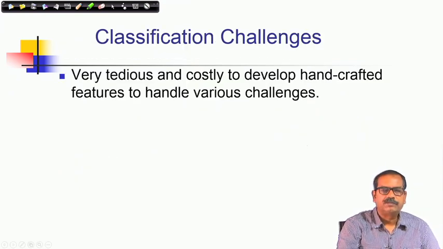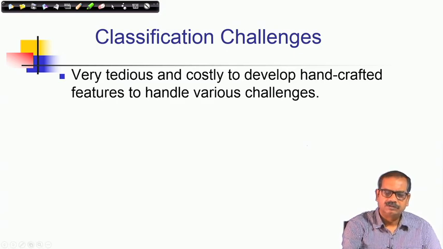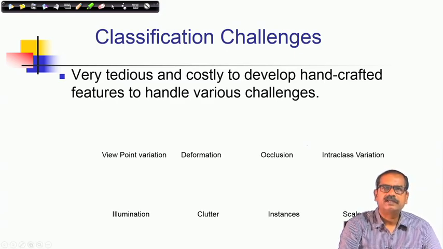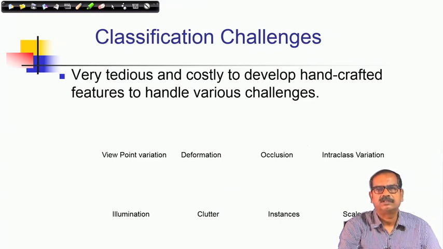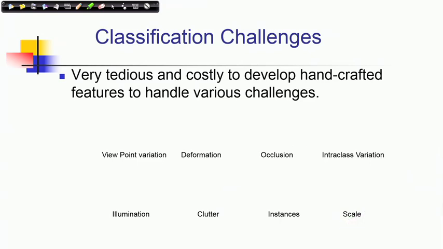Whereas, the problem here is that it is very tedious and costly to develop handcrafted features to handle various challenges, because there is a large variance of input image of the same object. So, this variance is caused by different kinds of variations. You have viewpoint variation, deformation, occlusion, interclass variation, illumination, clutter, instances, scale.